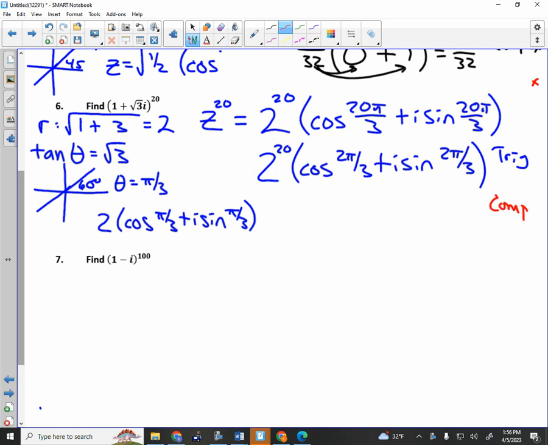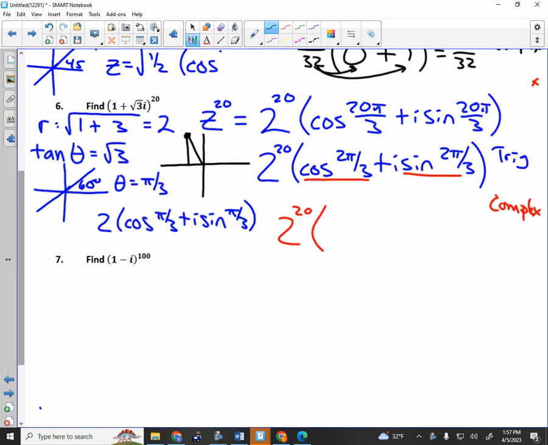So what I need to do is determine the exact values of the cosine of 2 pi over 3 and the sine of 2 pi over 3. It's part of what I love about this lesson in this unit, that you have to use all of your trigonometry skills, because we spent the first unit determining the exact values of sine and cosine. 2 pi over 3 is how many degrees? 120 degrees.